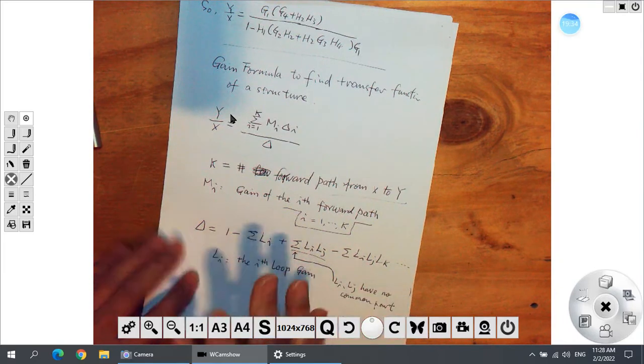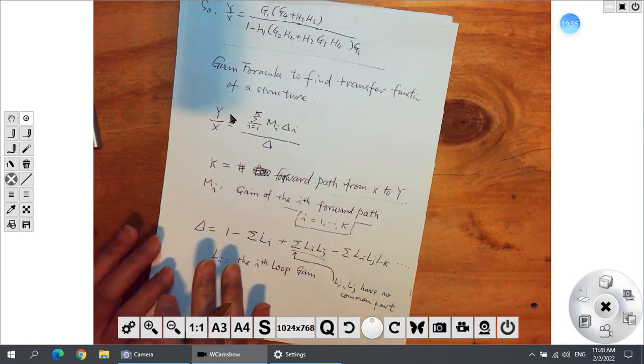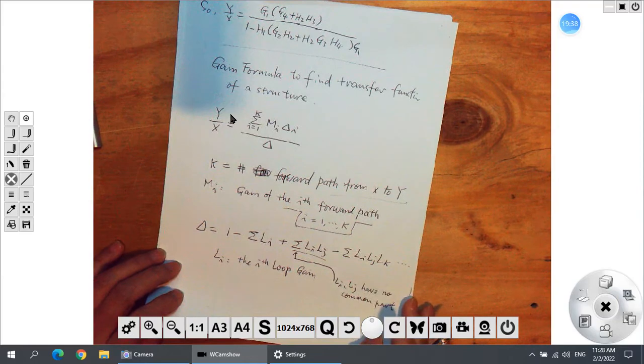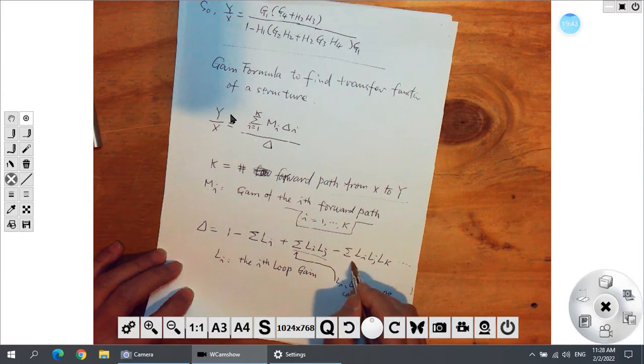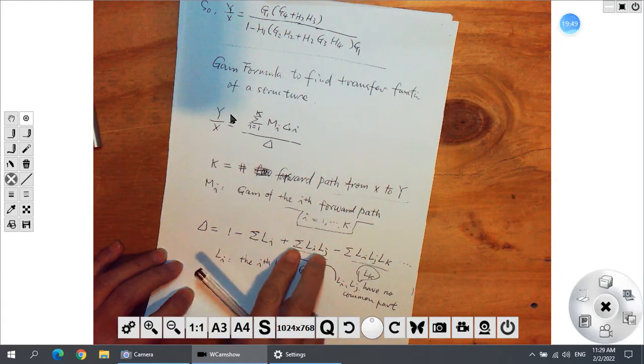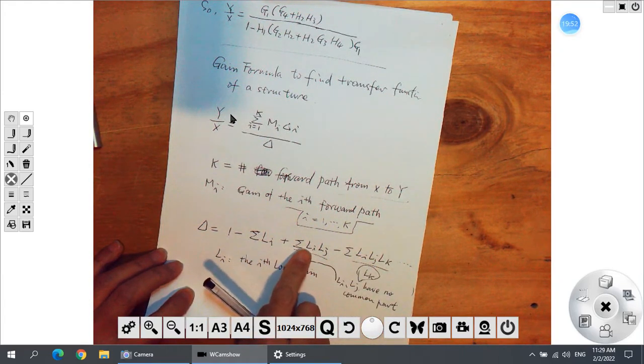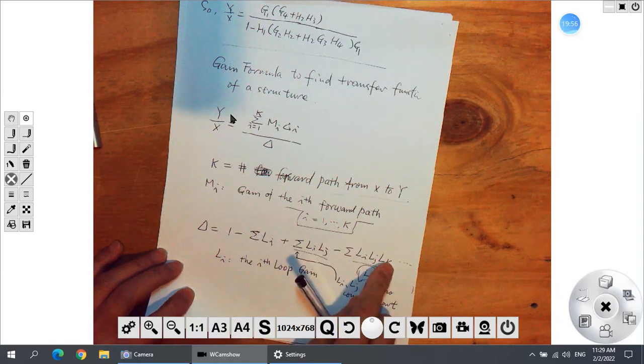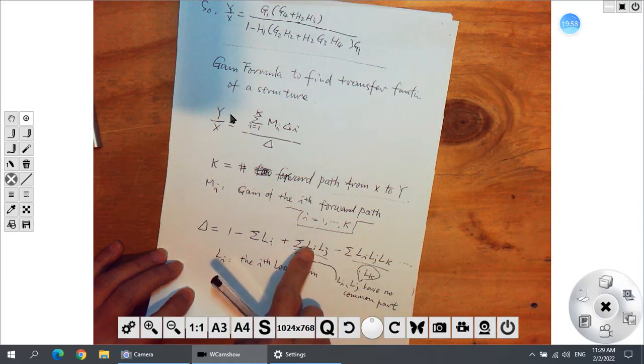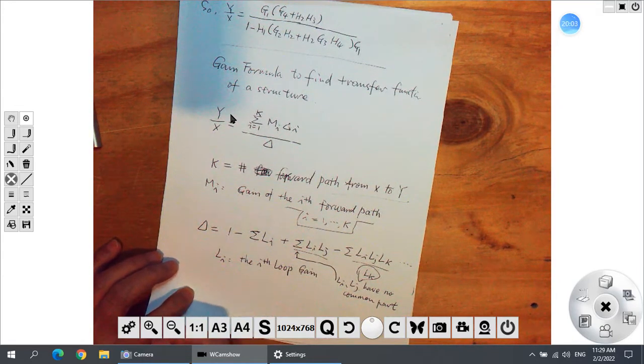They do not share any path or point. Okay, no common part. And this 3 is also similar, Lk. So for all the rest, when you consider multiplication of 2 loops or 3 loops, you have the requirement. There cannot be any way to connect, to share any part, to share a point or share a path.